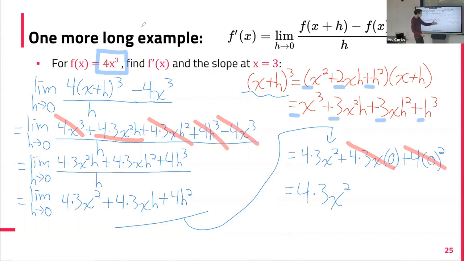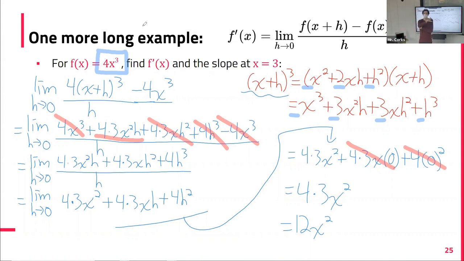Yeah, so okay, now we'll actually finally do this. 12x squared. I'm writing it as 4 times 3 because I want to show the pattern. So that's the question now. What is that pattern? The exponent. Okay, so you guys have learned this before.